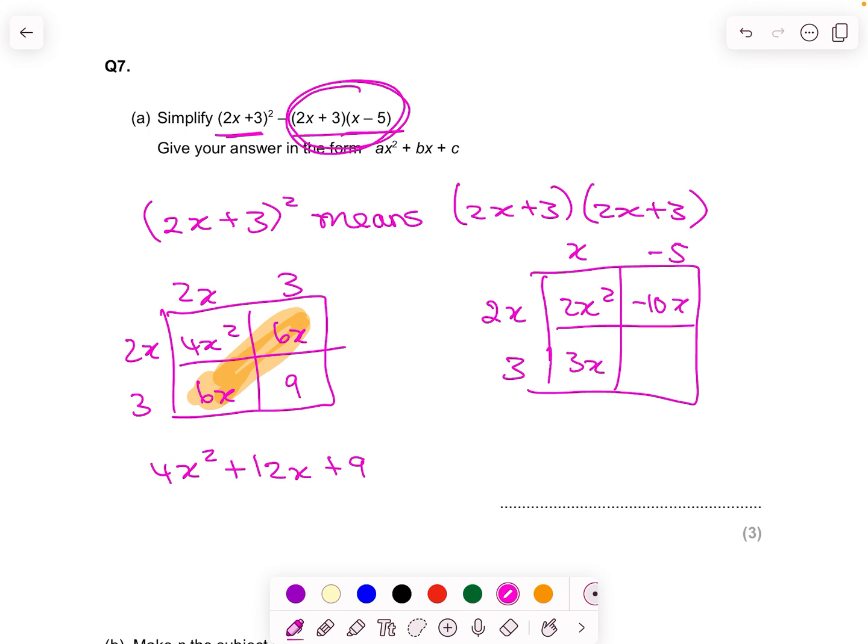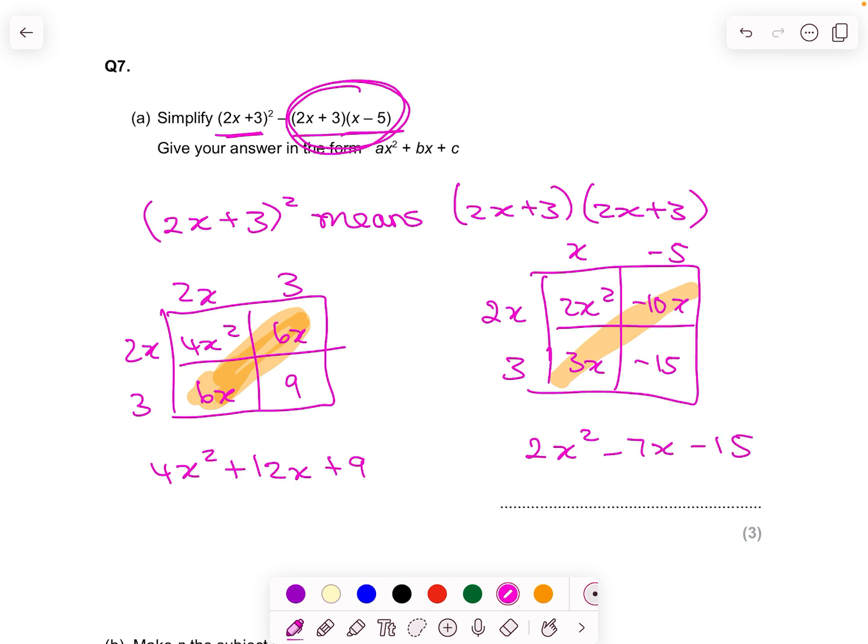And 3 times minus 5 is minus 15. Again, I can put like terms together. So 3x take away 10x is minus 7x. And so my answer there is 2x squared minus 7x minus 15.